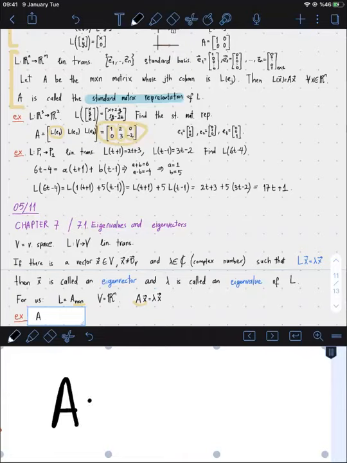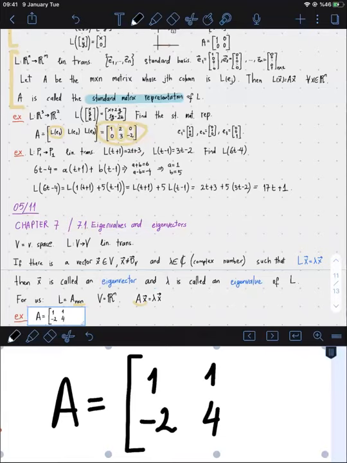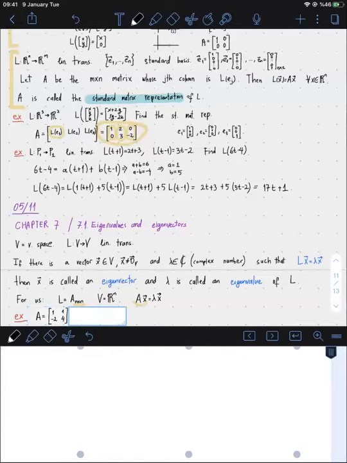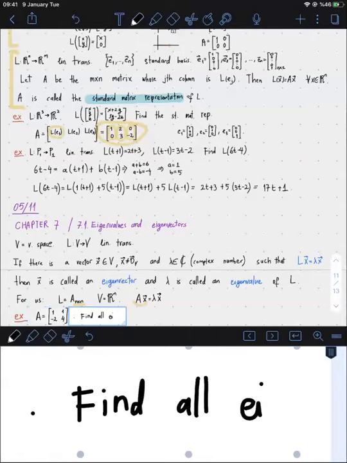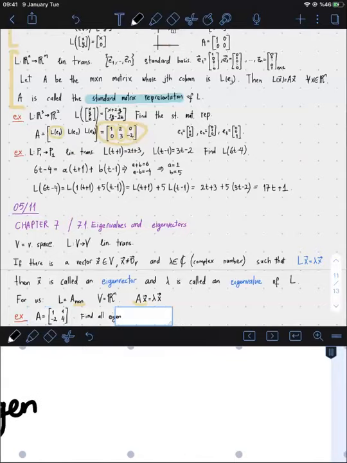Let's look at an example. Let's take A to be the matrix 1, minus 2, 1 and 4. Let's try to find all eigenvalues and eigenvectors.